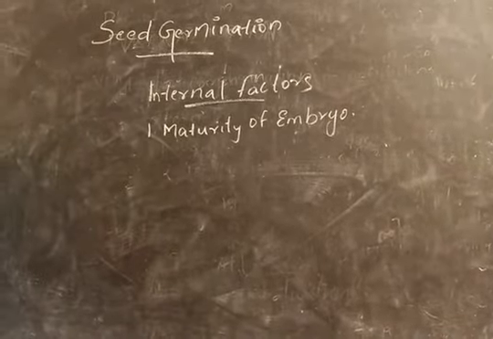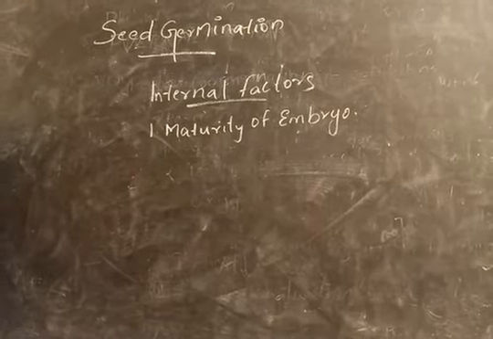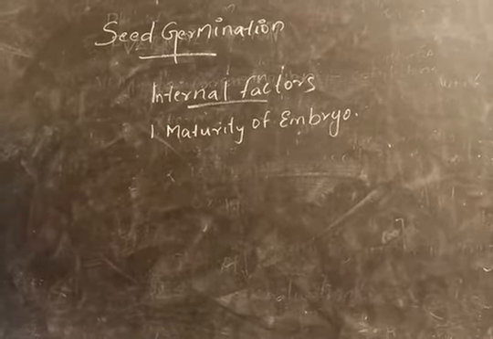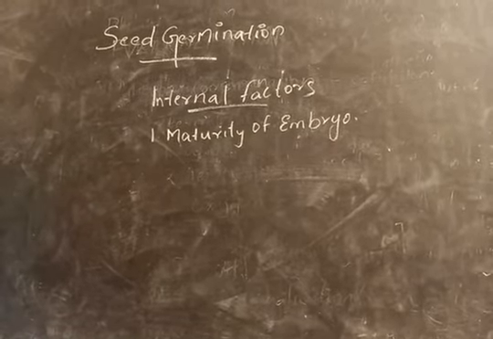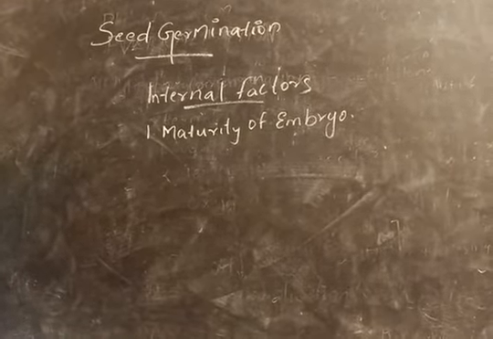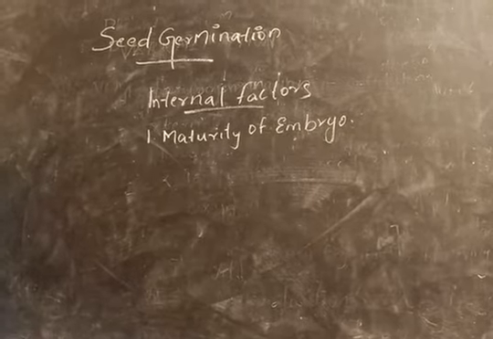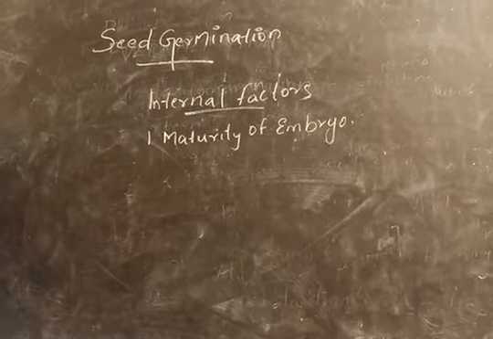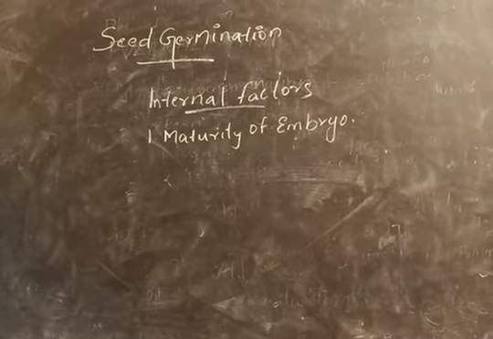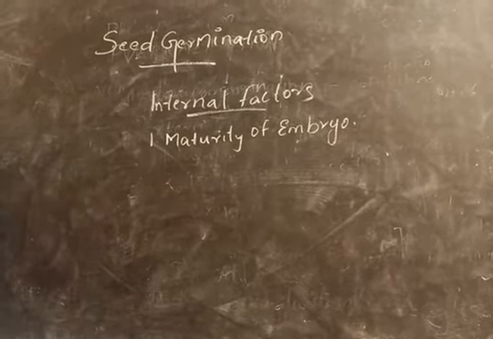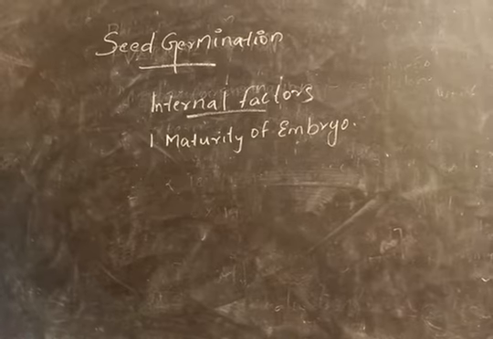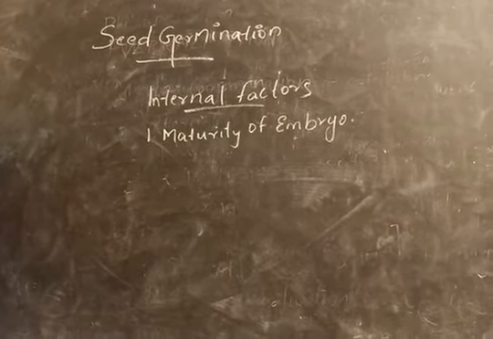Some plant seeds may contain immature embryos, which may affect the germination of seeds. So such seeds may germinate only after the embryo becomes mature. Germination takes place only when the embryo reaches the mature stage.